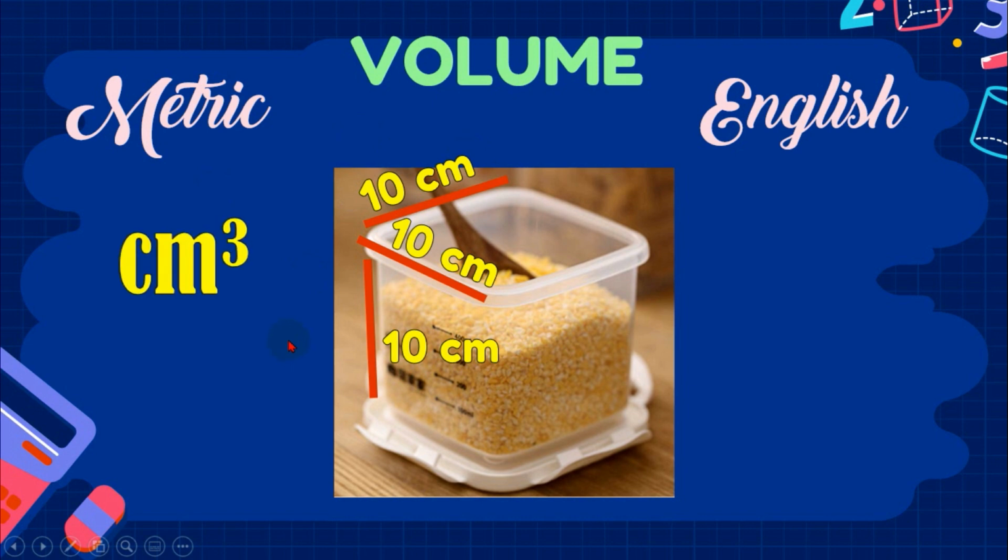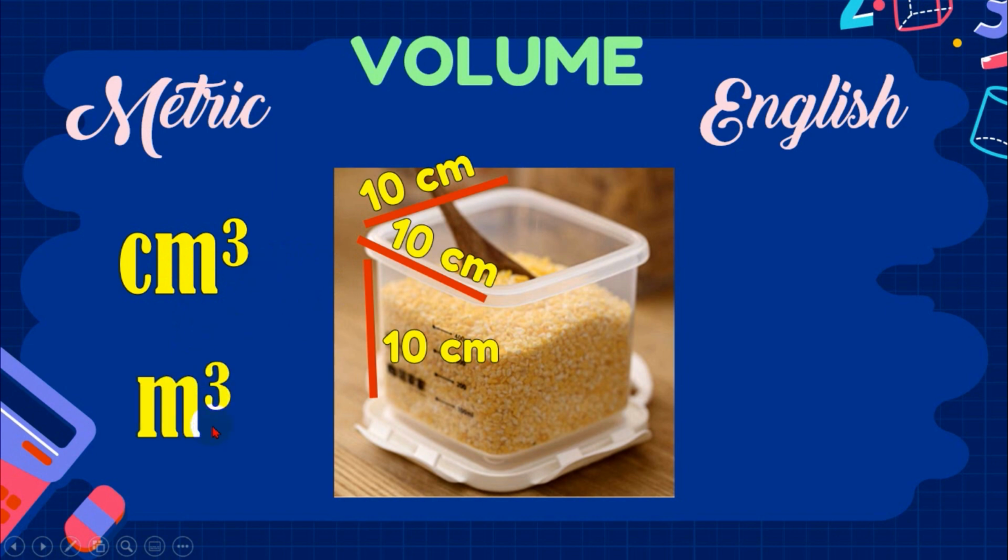For metric, we have the cubic centimeters, or usually you will see cc. When you read cc, it means cubic centimeter also. So either of the two units mean the same.